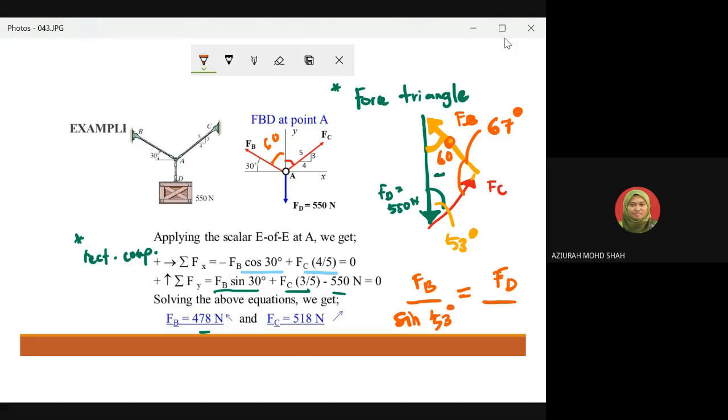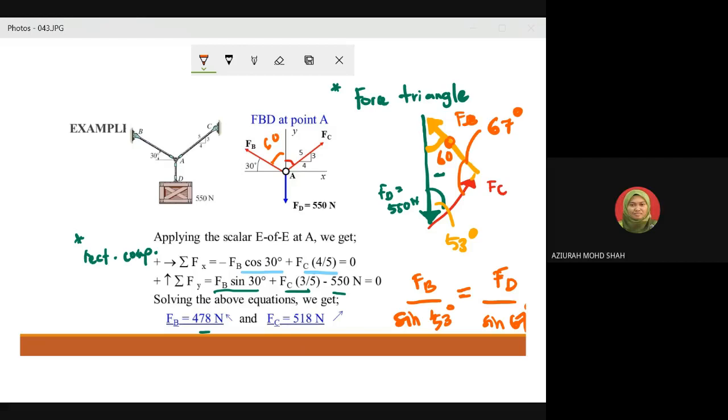FD over sin 67. Okay, now calculate. Do you get the same thing? FB is 478 Newton. Your working is really long. 477.